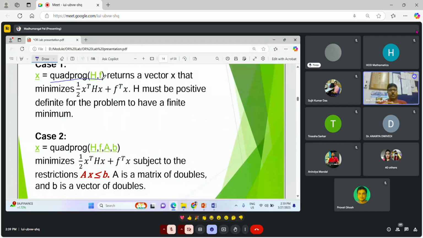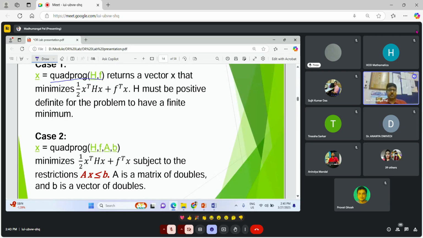This is applicable only when there are no constraints. That means for the unconstrained quadratic programming problem, this function is applicable. The function name is the same, quadprog, but the arguments are only two, H and f, coming from the objective function.